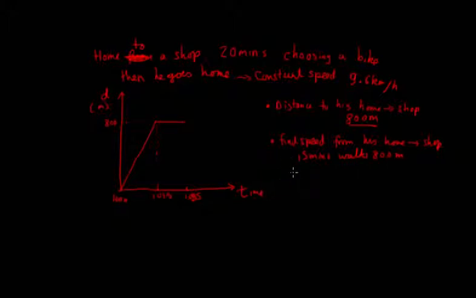Which means in 30 minutes he would walk 1600 meters, and then in 60 minutes we double it again, that would be 3,200 meters. So therefore his speed is 3.2 kilometers per hour.